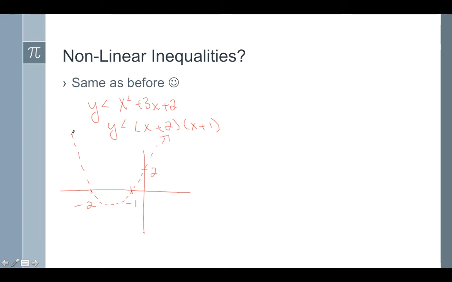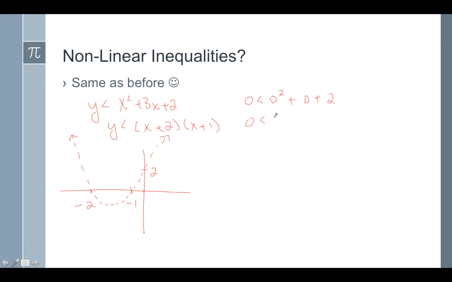Then what we notice is there is an inside of the parabola and an outside of the parabola. So what we need to figure out is the same as we did before: where is the solution set? I like to test the point 0, 0. If I plug in the point 0, 0, I get 0 is less than 0 squared plus 0 plus 2.